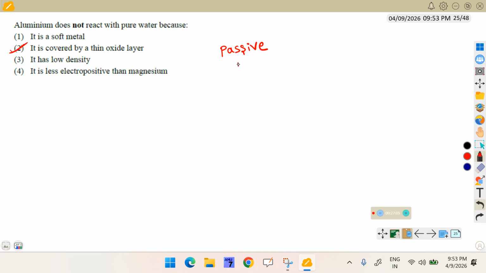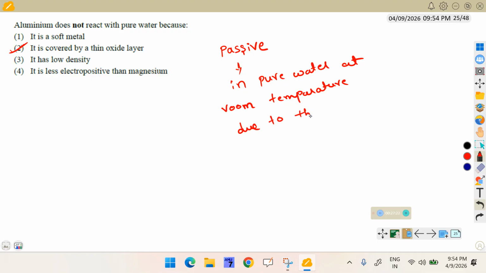Aluminium is passive in pure water at room temperature due to this protective coating of Al2O3, aluminium oxide, on its surface.